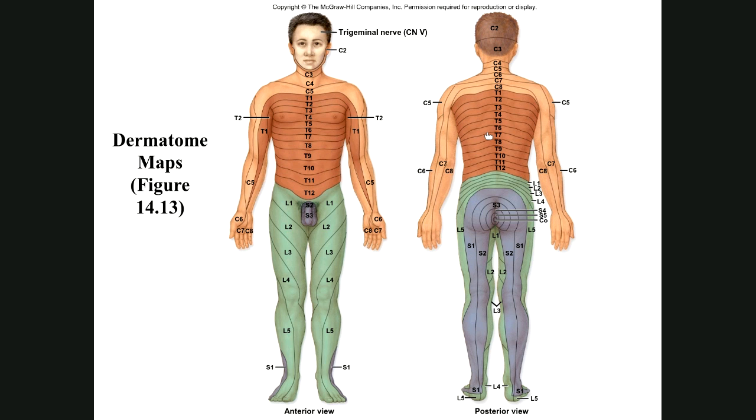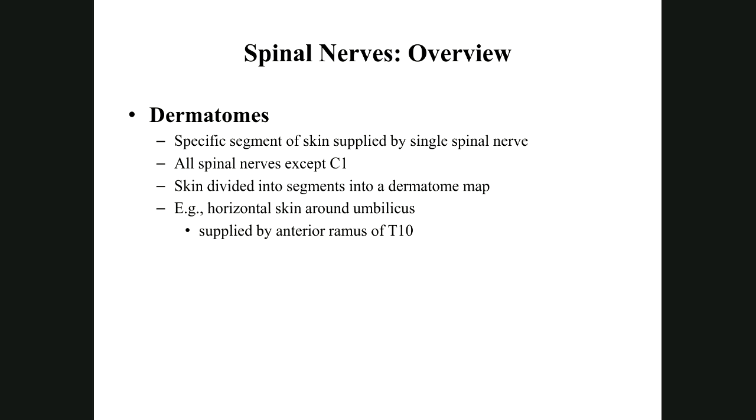So we can see that. A lot of times we see a definition that says specific bilateral regions of skin surface monitored by spinal nerves. Well then that's what a dermatome is.